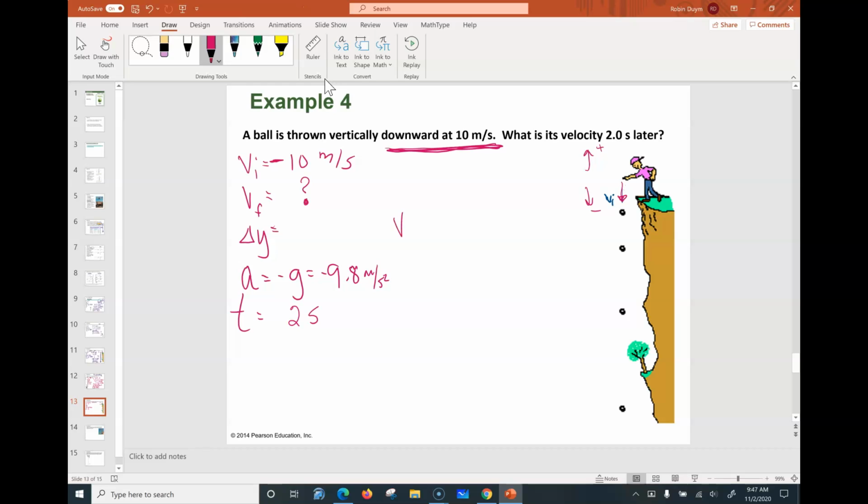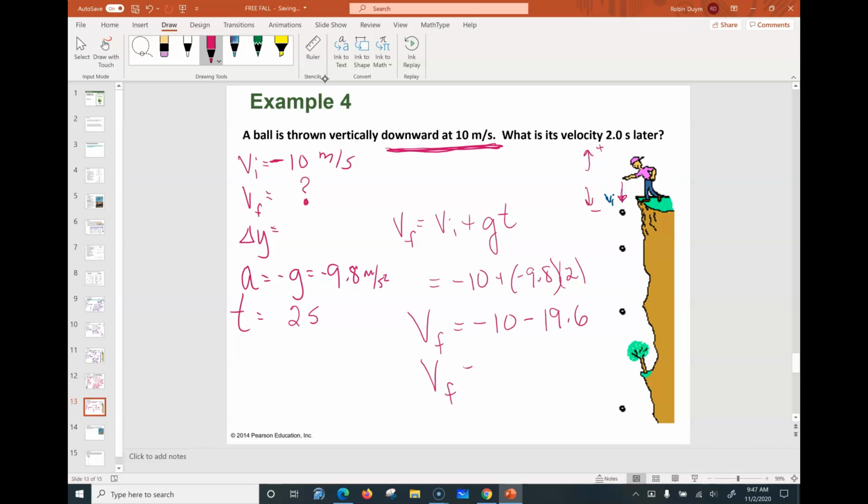Alright, so we'll pick our nice easy one. Final velocity is initial velocity plus gt. So plug everything in. That's a negative 10 plus negative 9.8 times 2. And if you put that in your calculator, we're going to see that it is negative 10 minus 19.6.